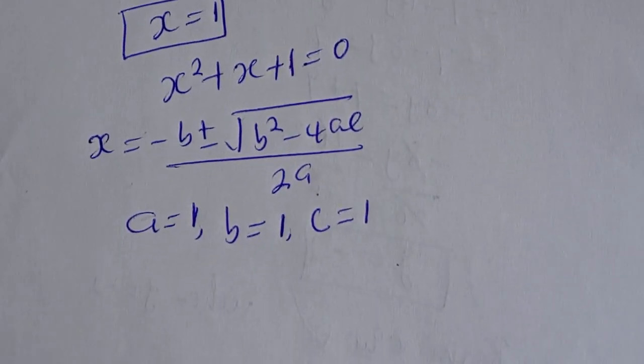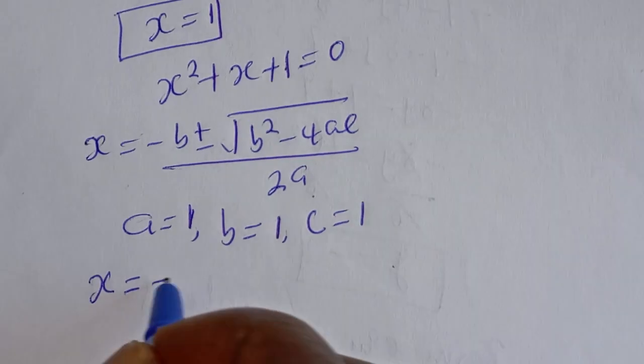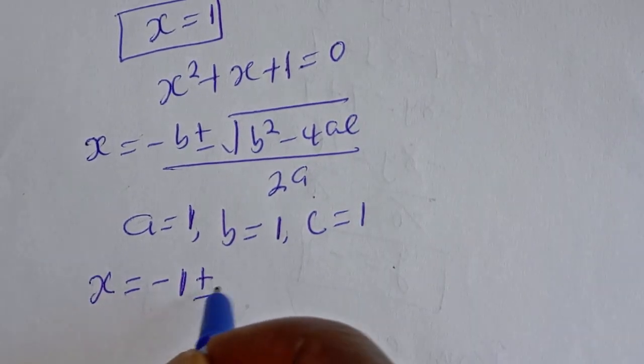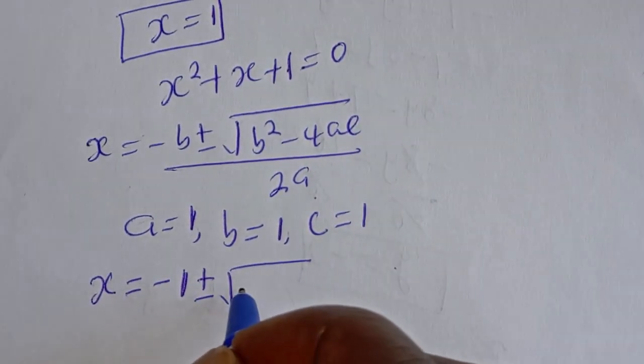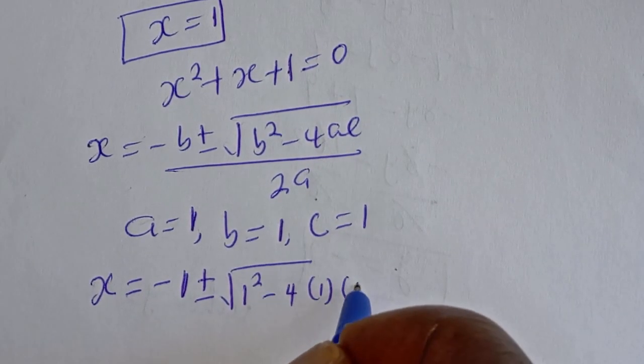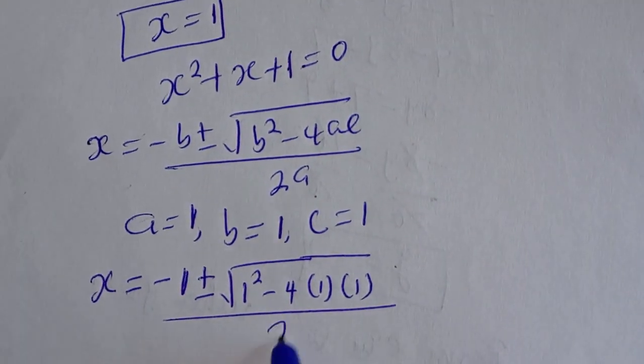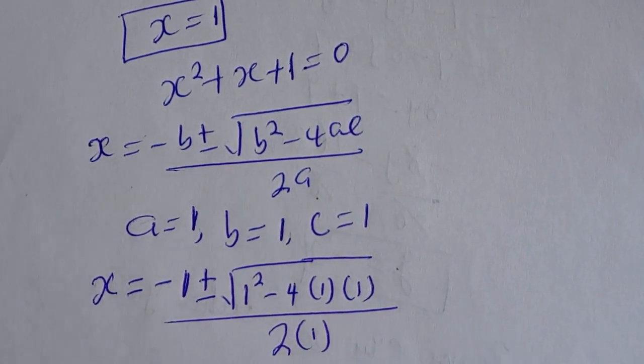Let's substitute. S is equal to minus 1 plus or minus square root of 1 square minus 4 multiplied by 1 over 2 multiplied by 1.